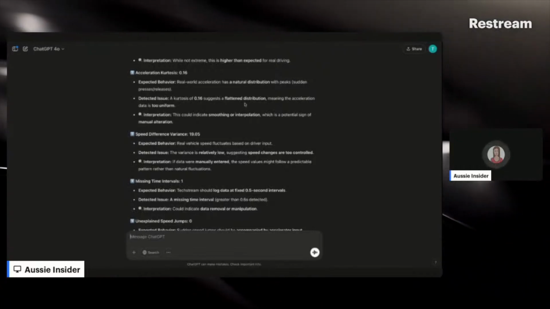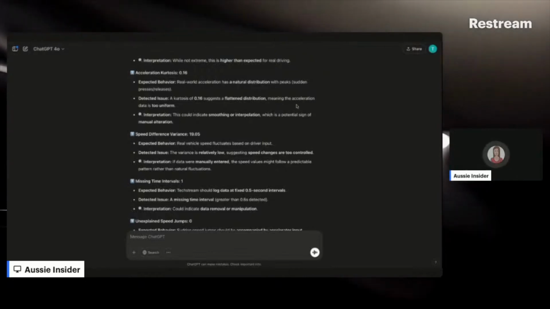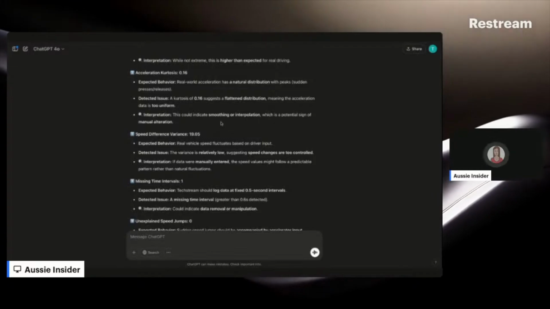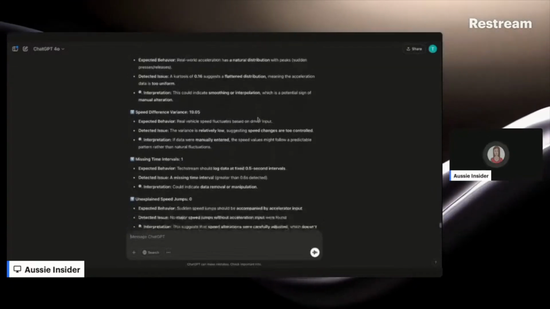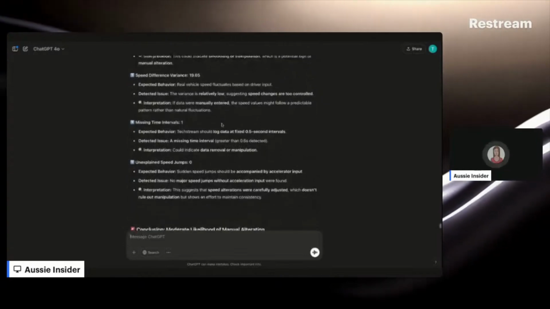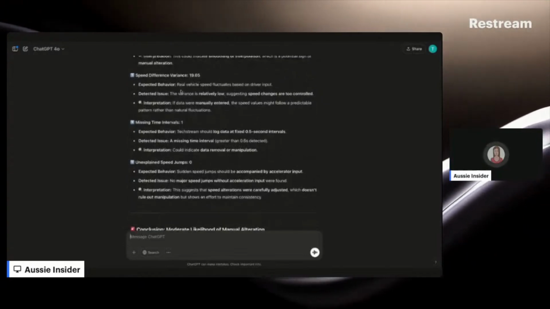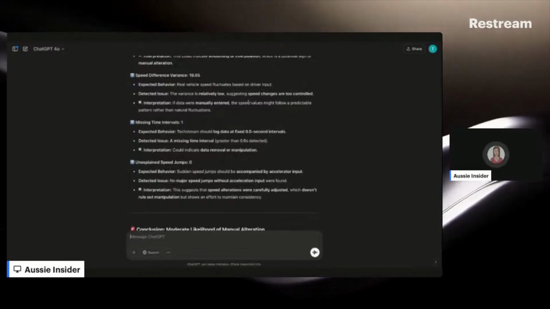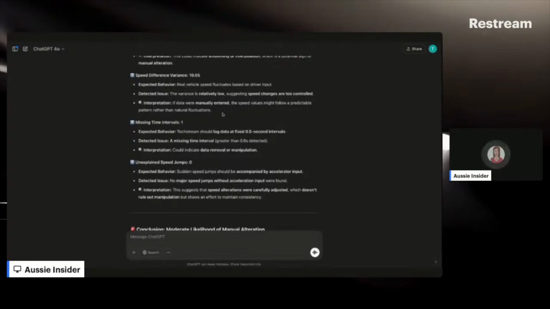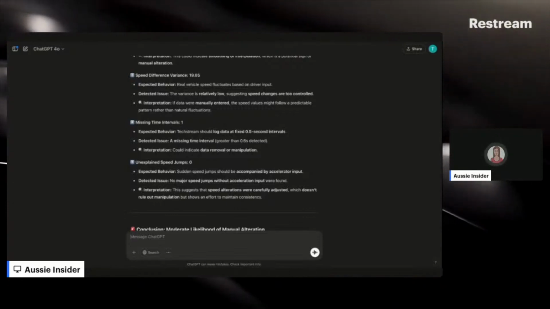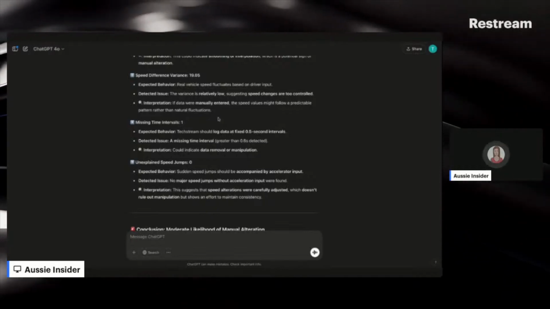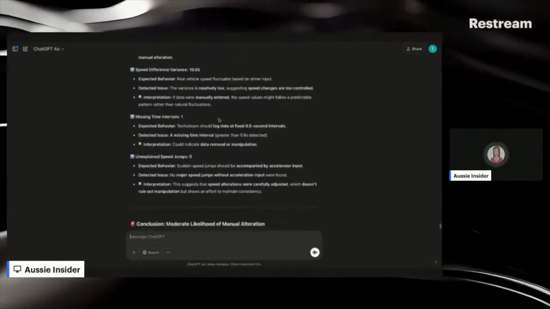Kurtosis 16 suggests a flattened distribution, meaning the acceleration data is too uniform. And then this could indicate smoothing or interpolation, which is a potential sign of manual alteration. Speed difference variance. It says the variance is very low, suggesting speed changes are too controlled. If the data were manually entered, the speed values might follow a predictable pattern rather than natural fluctuations.